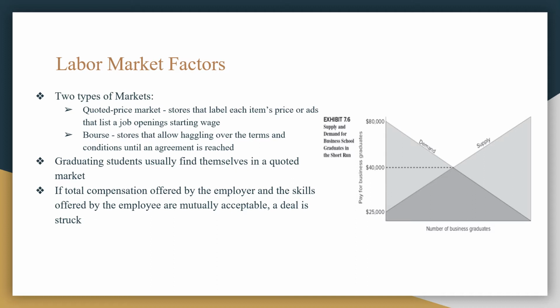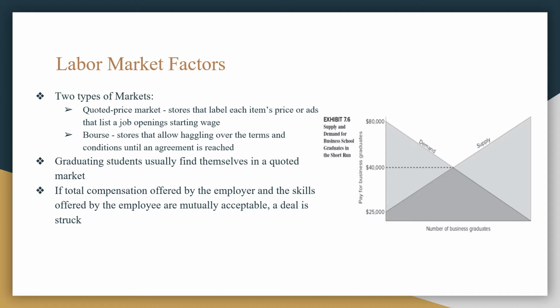You can see in a more broad general market, bourse is used for an agreement to be reached, while quoted price markets are more in stores and in high demand companies. Graduating students usually find themselves in a quoted market. This is when someone with new education has a better chance at landing a job, compared to others that don't have that education level.